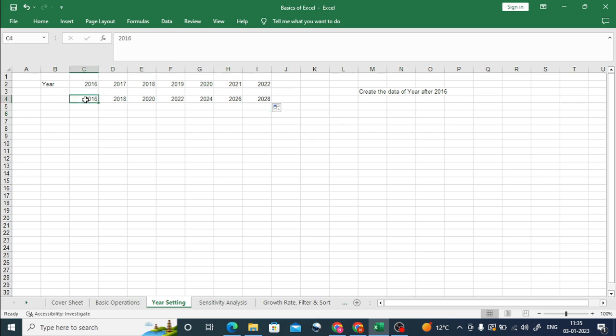So the first two cells were 2016 to 2018, and since we have used the autofill option, it will automatically increase the year by 2. So 2018 plus 2, 2020, 2020 plus 2, 2022. So this is how it goes.